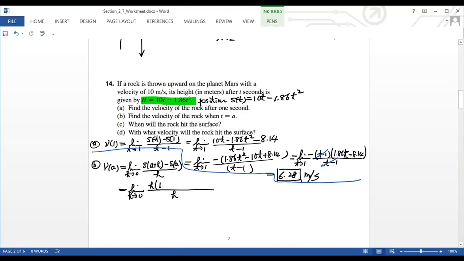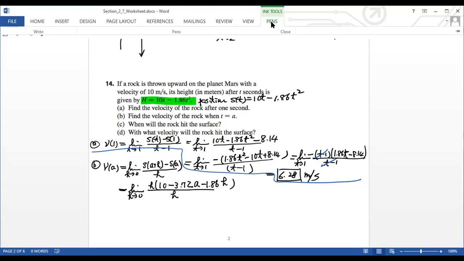So this will be 10 minus 3.72a and minus 1.86h here, okay?